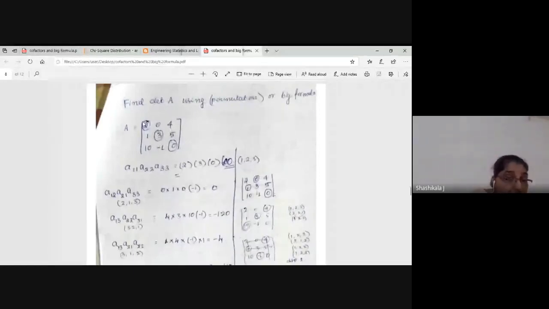What elements can I take in this? 3 I already did, I got the 0. You tell me what other possible combination I can take if I choose the 2. Please, anybody? 5. 3 I already did.